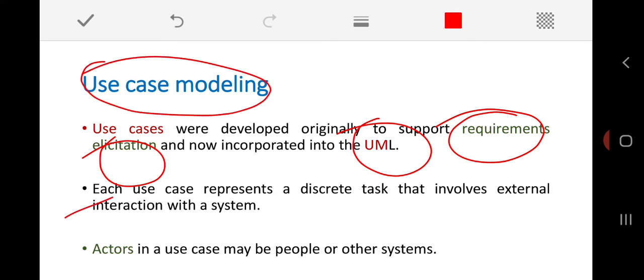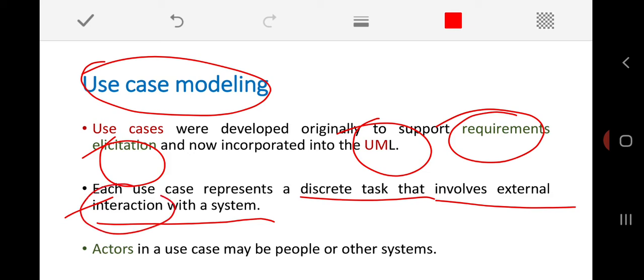And also every use case represents a discrete task that involves an external interaction with the system. So every use case model consists of two important things here. One is the interaction which takes place, and another one is the actor.